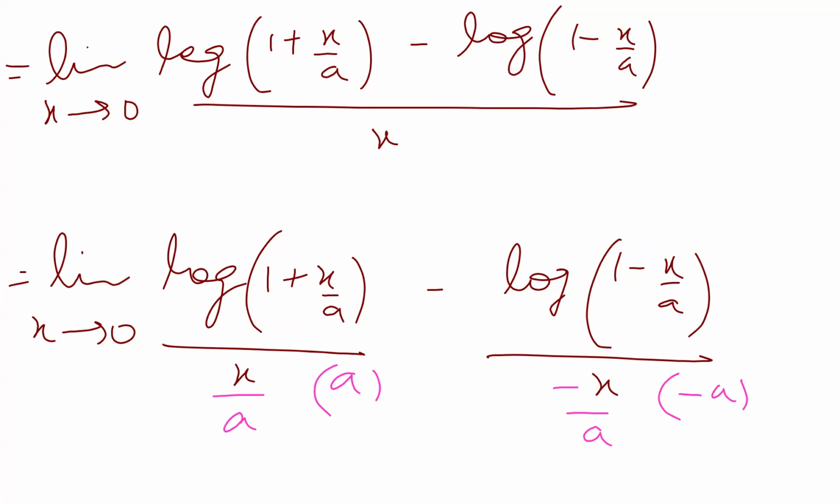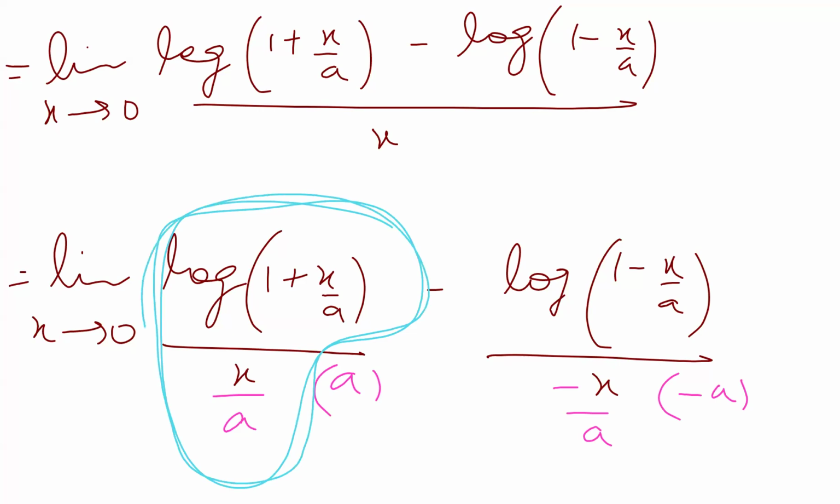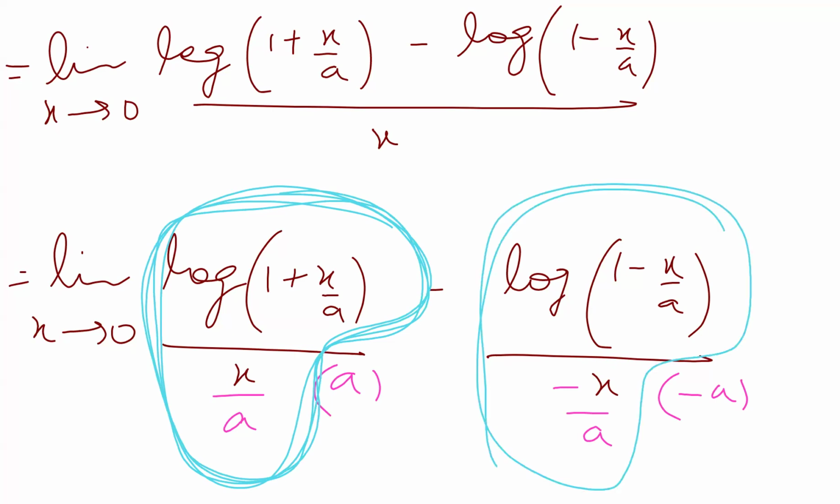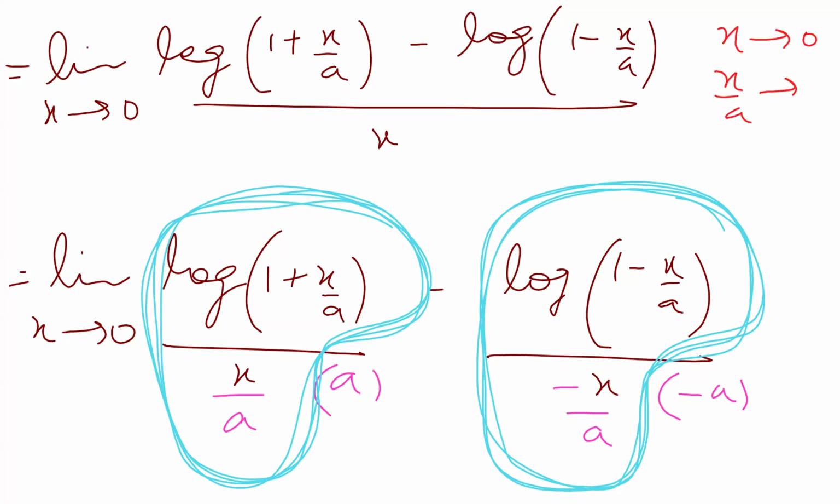Yes, sir. This part is 1. Again, this part is 1. So 1, and then you multiply the minus. Correct. One note I will write down: x approaches 0, so x upon a also approaches 0 and minus x upon a also approaches 0.